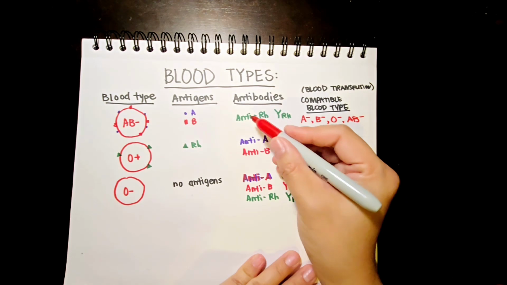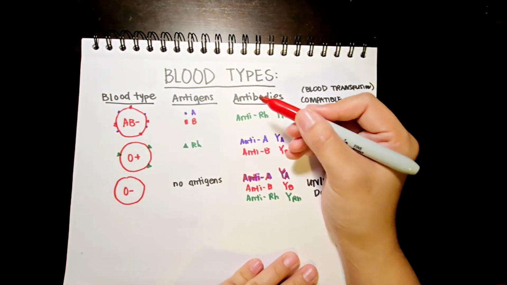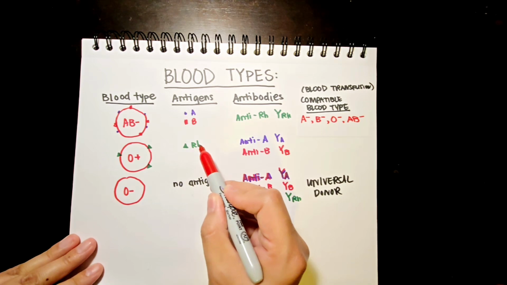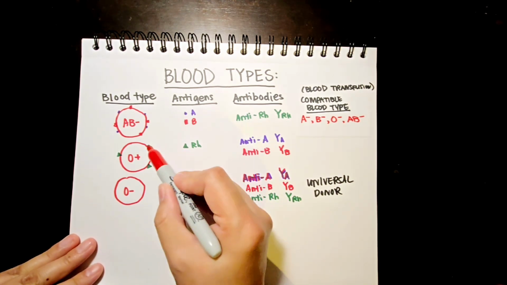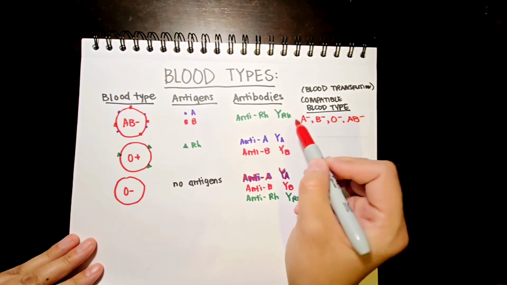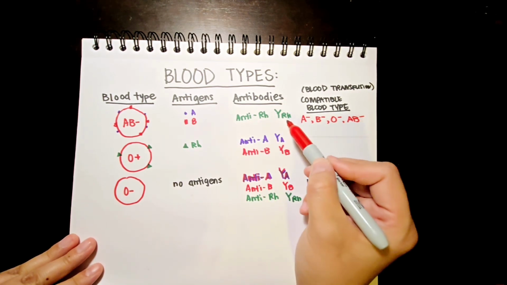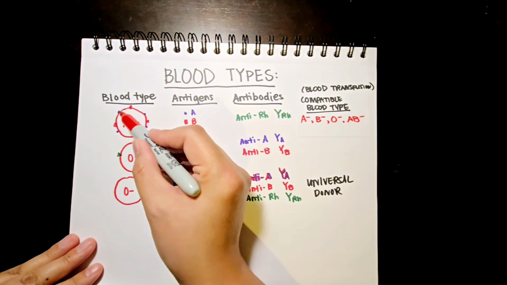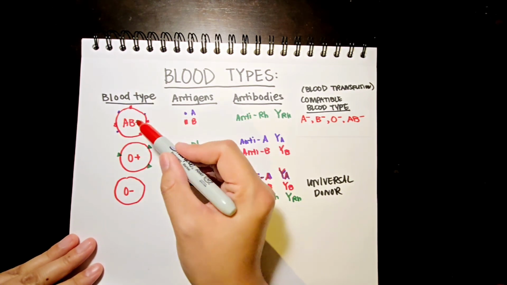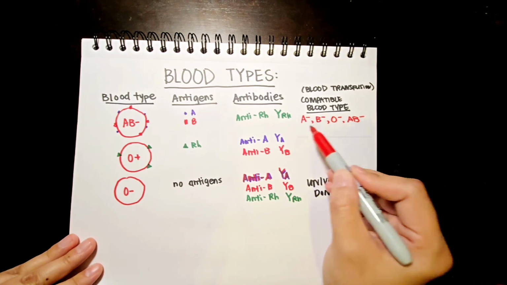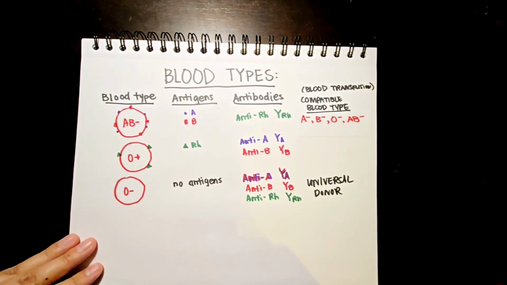Because if you accidentally give them any positive blood type, which means it does have Rh factor, these surface antigens are going to trigger an agglutination reaction with the antibodies that this individual makes. So if you are AB negative blood type, you are not a universal receiver. You can only receive from negative blood type individuals.